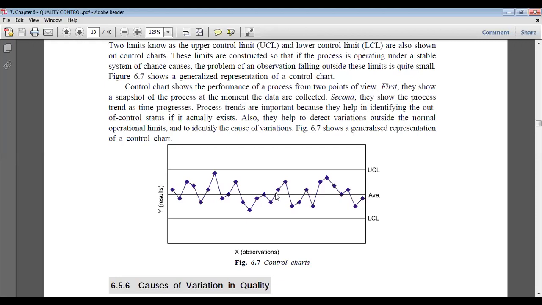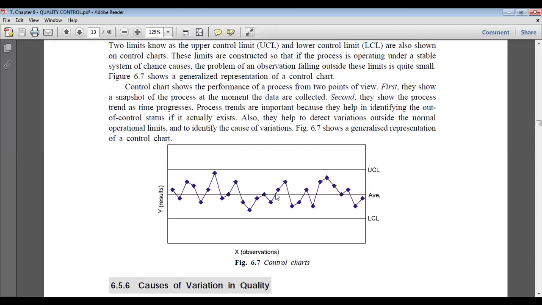So if 10 millimeter dia is 10.5 or 9.5, or in between these two, it can be taken as acceptance level.